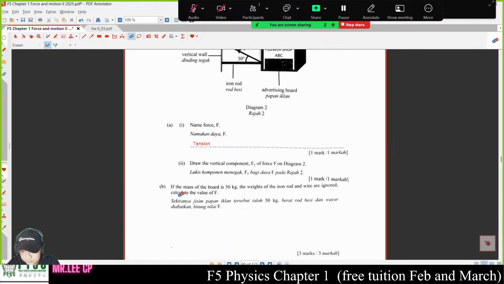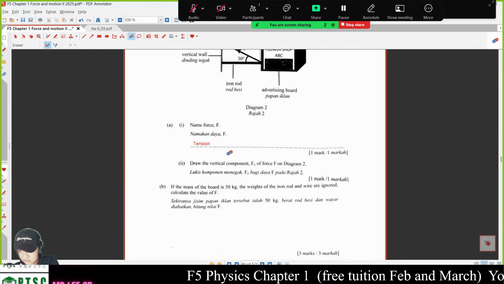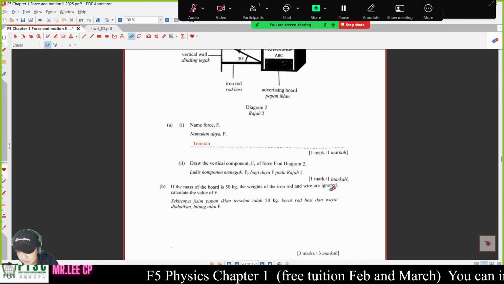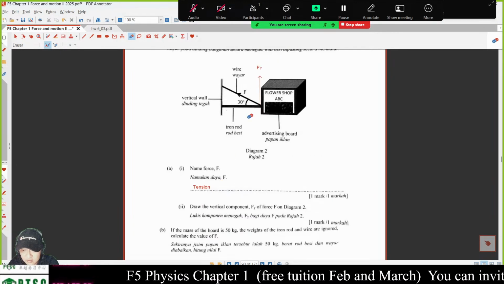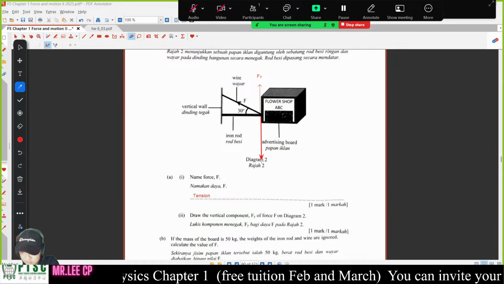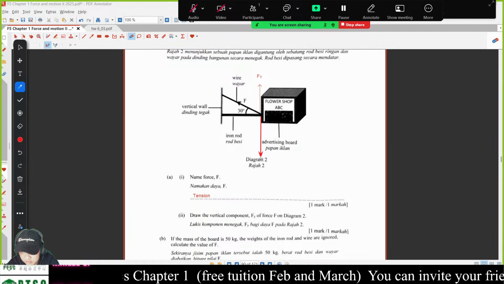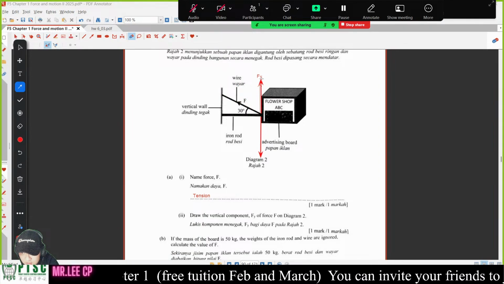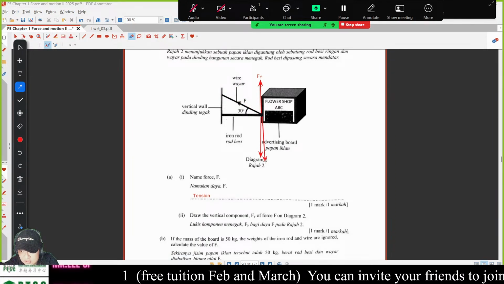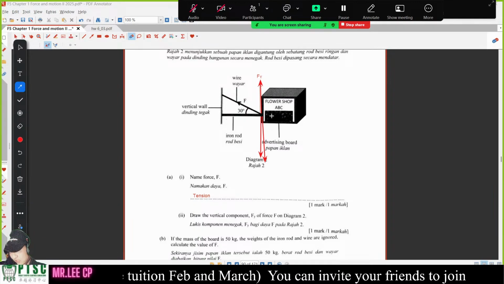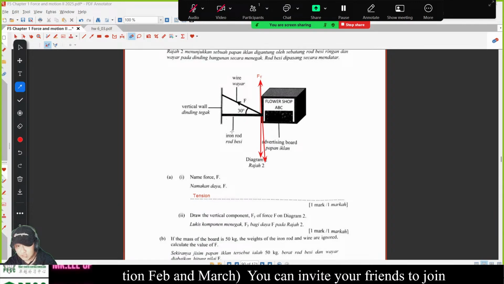Now, if the mass of the board is 50 kg, and the weight of the iron rod and the wire are ignored, calculate F. So here you got one weight, 50 kg. You change it to Newton first. So this one bring to here is equal to this one, so that the advertising board is fixed there, not moving.